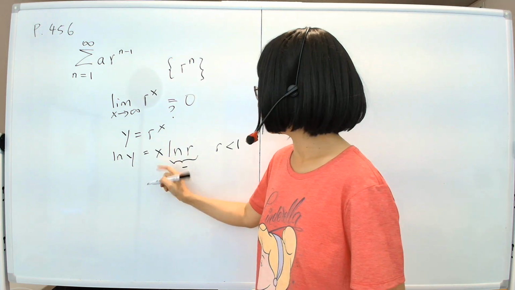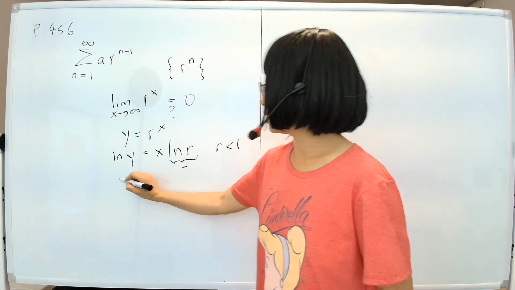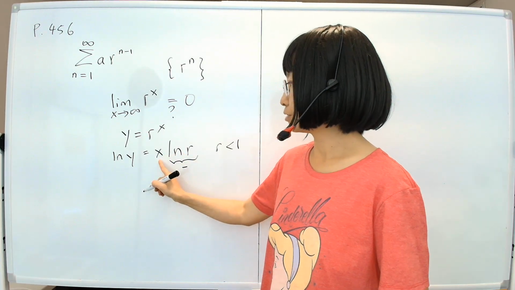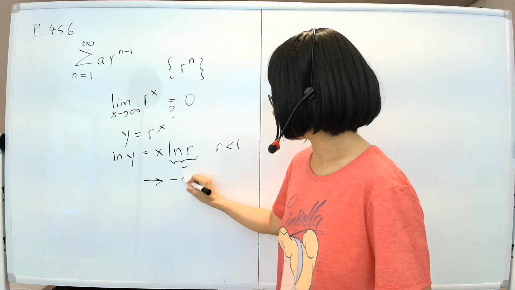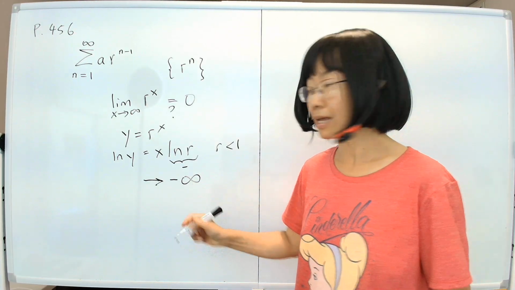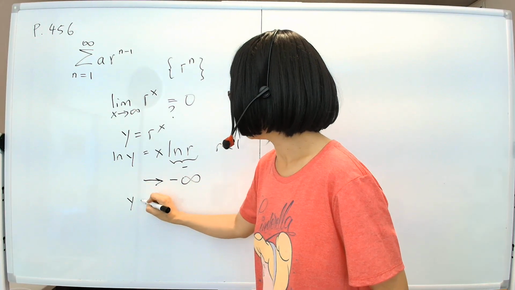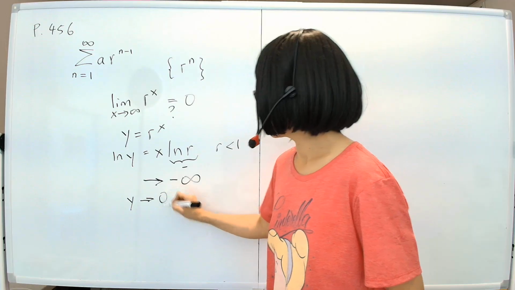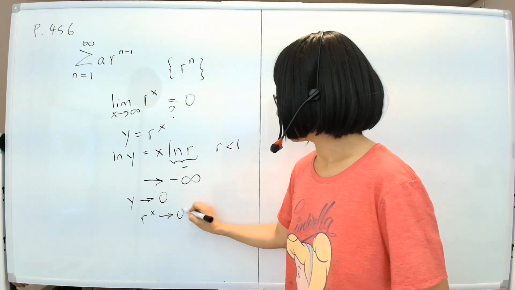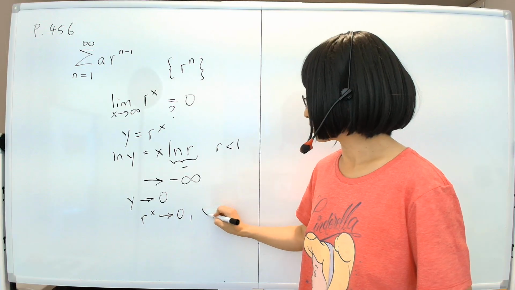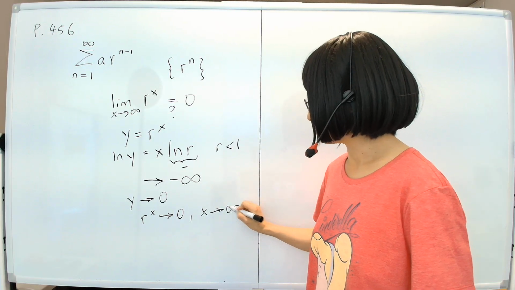So as x goes to infinity, this is negative, x going to infinity, so natural log of y will go to minus infinity. And if that is the case, that means y itself is going to 0. In other words, r to the x does go to 0 as x goes to infinity.